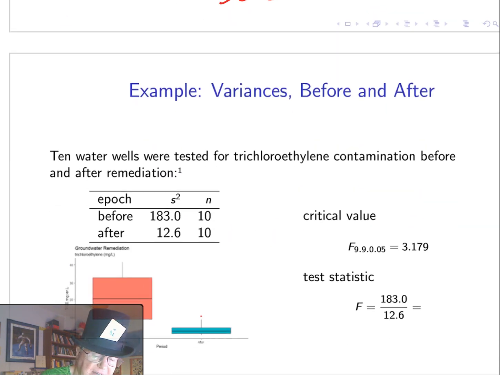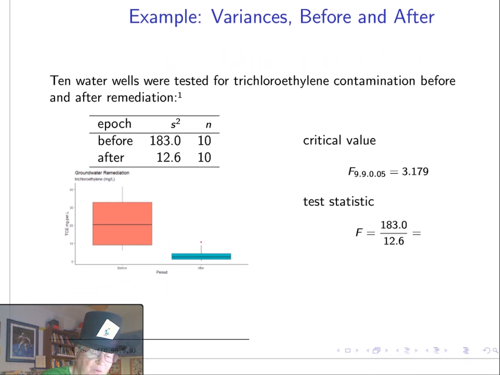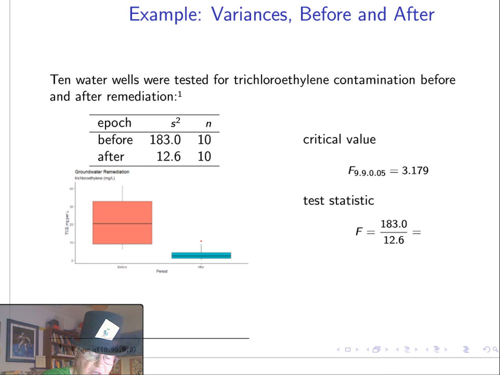Let's look at an example. I've got 10 water wells that were tested for trichloroethylene contamination before and after remediation. Now, if I were comparing means, this would be a paired t-test, right? But we're not comparing means.